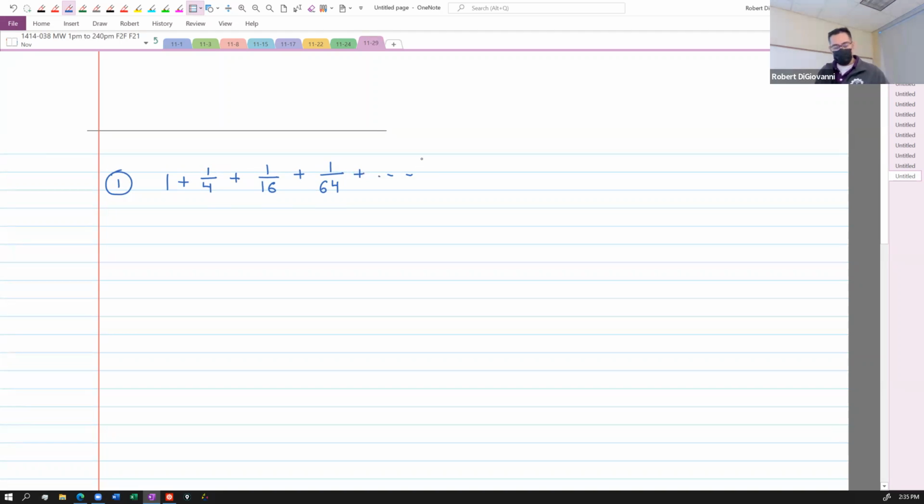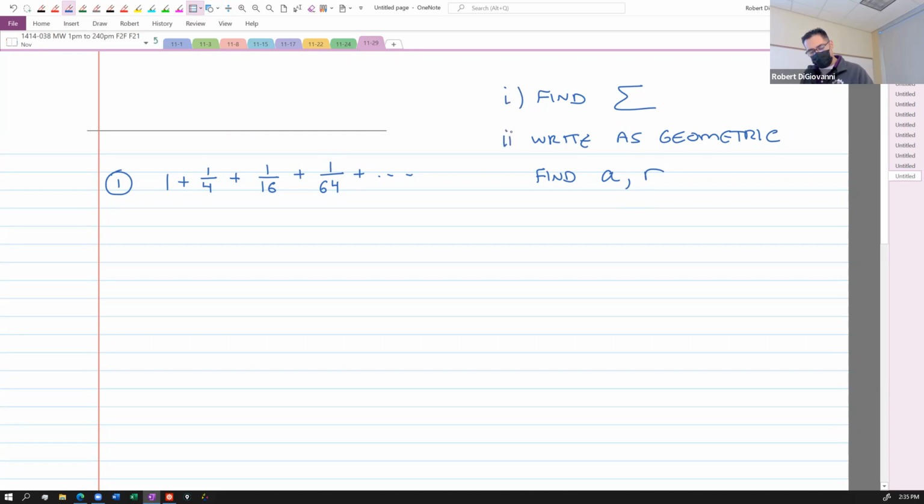So again, I want you to find the sigma notation of this. That'll be the first thing. And then write it as a geometric series. Find A and then R. So for all of these, that's what you're doing. Rewrite it. Find A and R.